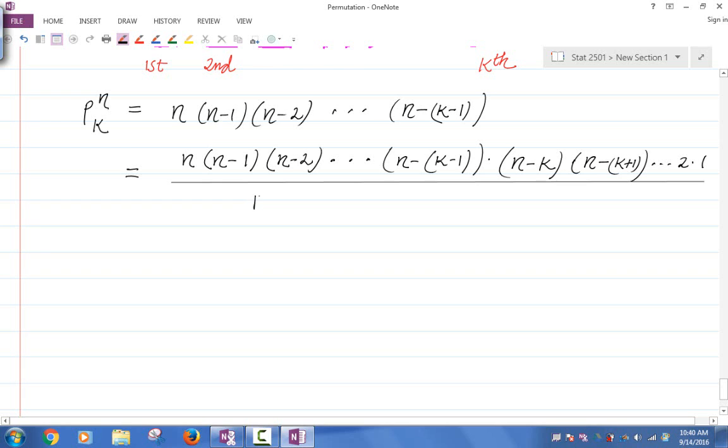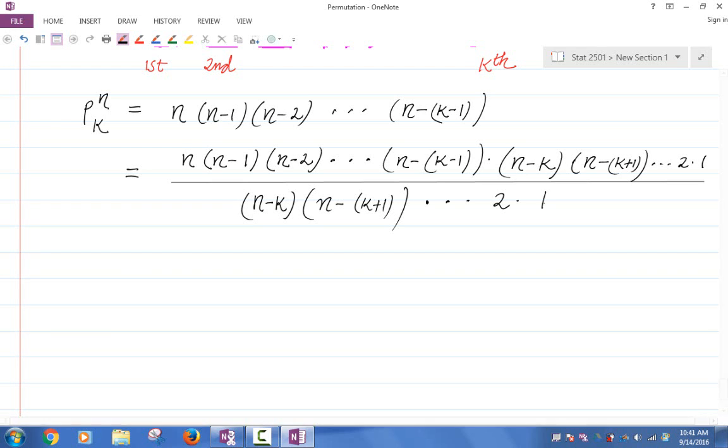I have to divide by n minus k, n minus k minus 1, dot dot dot, 2 times 1, because those factors weren't there. So if I am multiplying them, I have to also divide by them.